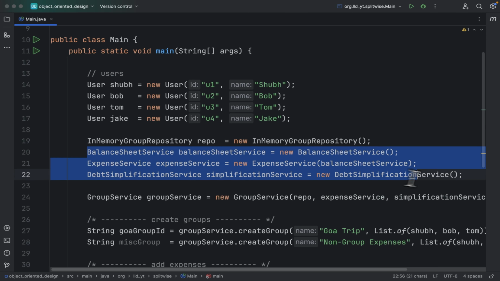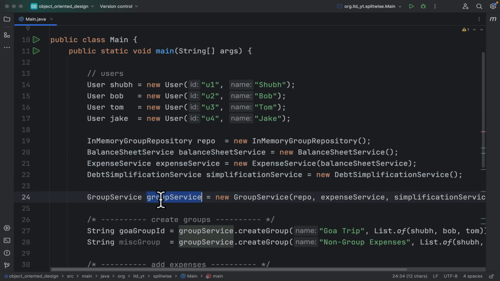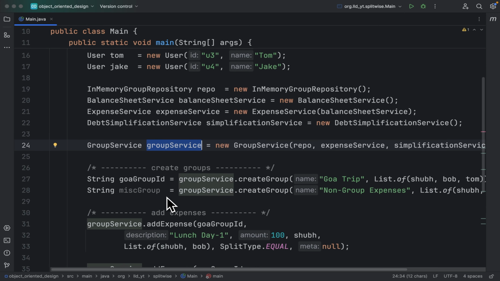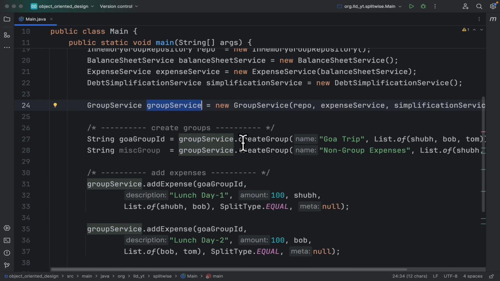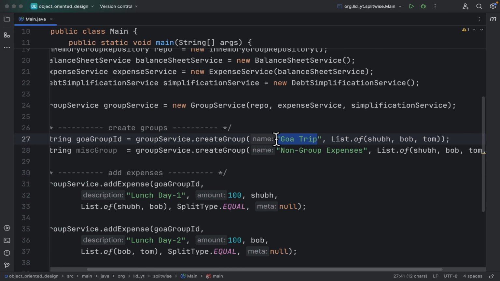Now all these services are not user facing. The user facing service is the group service. So the user will just interact with the group service. Firstly, the user decides to create a group using this group service, and the name of that group is Goa trip, and these are the list of members of that group.